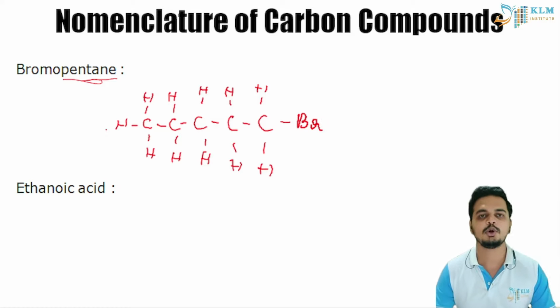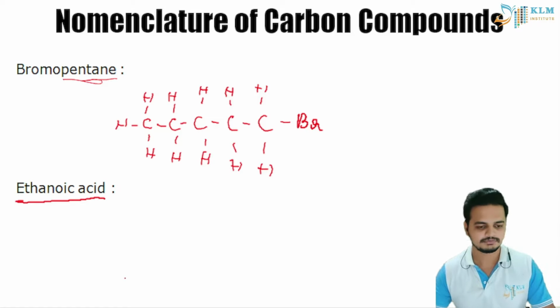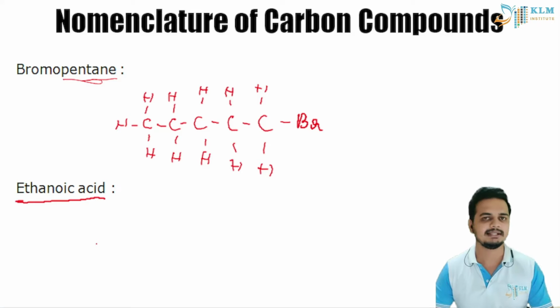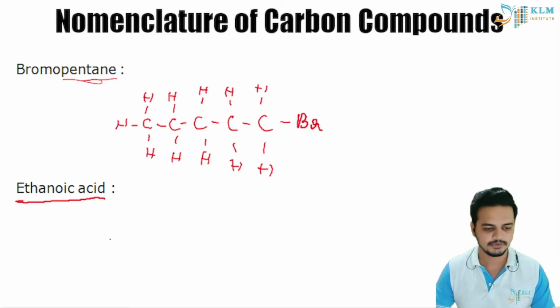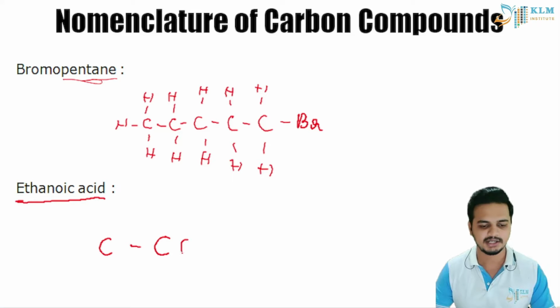So this is bromopentane. So can you write ethanoic acid? Okay, let's do this one because it has a suffix as a functional group. So ethanoic acid, which says that it has only 2 carbon atoms. So we'll write 2 carbon atoms. Okay. And oic acid means it is a carboxylic group. So we can just write OOH.